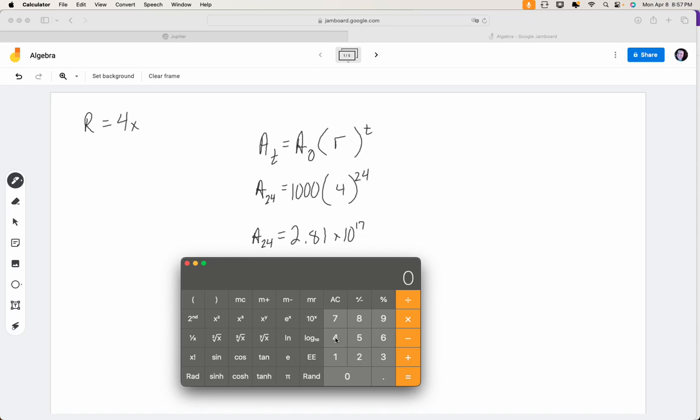So we do 4 with an exponent of 24, times 1,000, and it tells us 2.81 with an exponent of 17. This is already in scientific notation for you. You just have to write 2.81 times 10, and it gives you the exponent is 17. That's all you have to do for that problem.